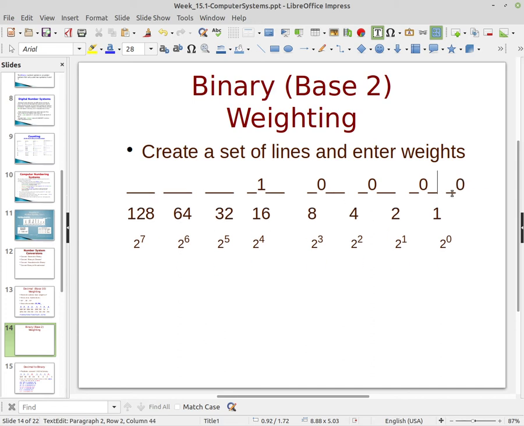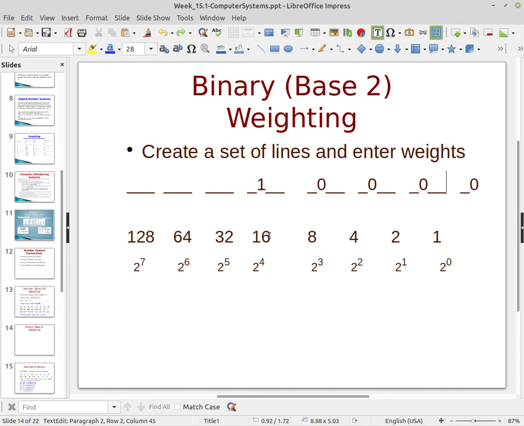All right, and so what we would do here is we could come along here and we would have 0 times the ones column, and 0 times the 2 column, 0 times the 4 column, 0 times the 8 column, and then 1 times the 16, and that means, of course, we would have 16 then.